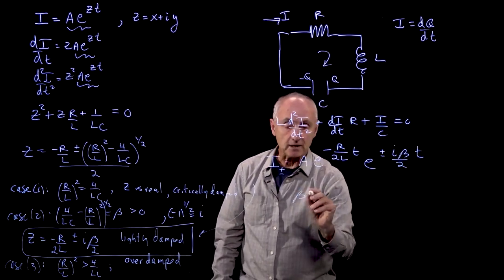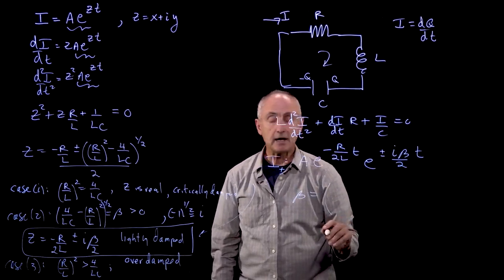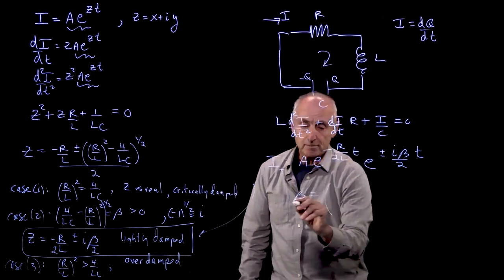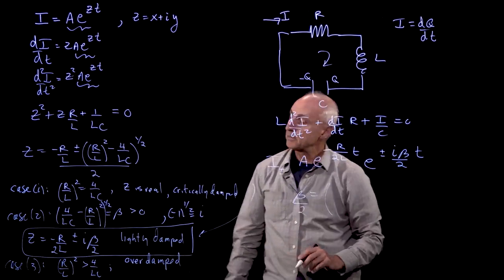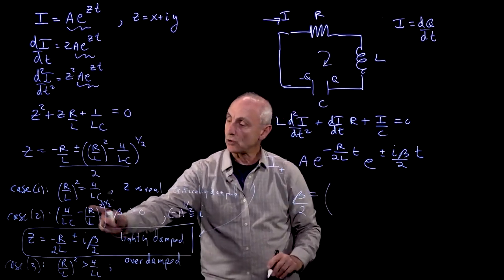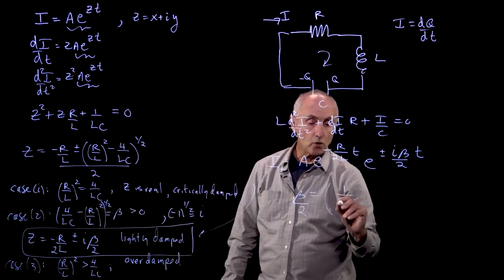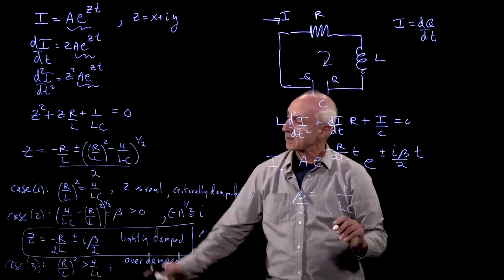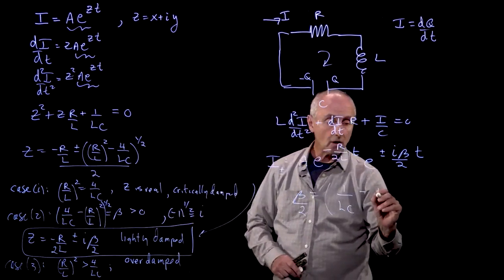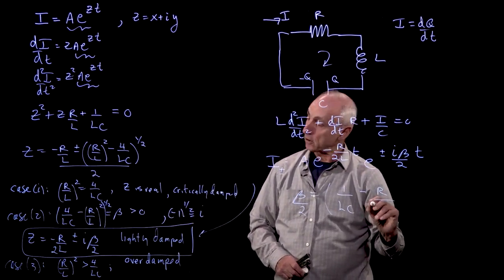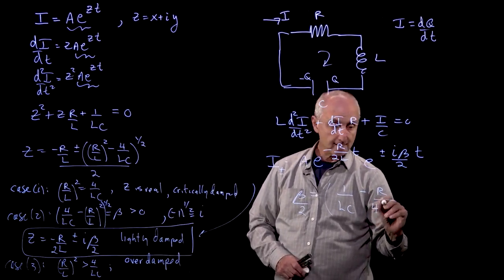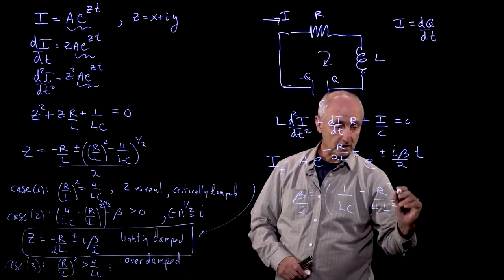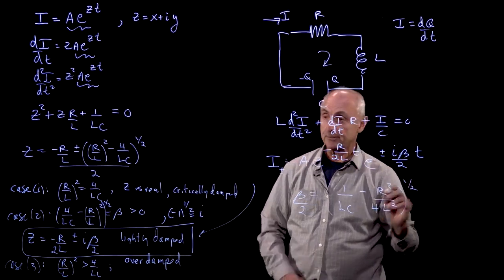where the oscillating frequency beta is given by, let's write beta over 2, because if we put in beta over 2, we get 1 over LC minus R over 2L, quantity squared, to the 1/2.